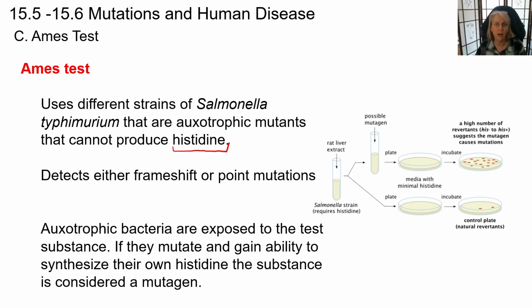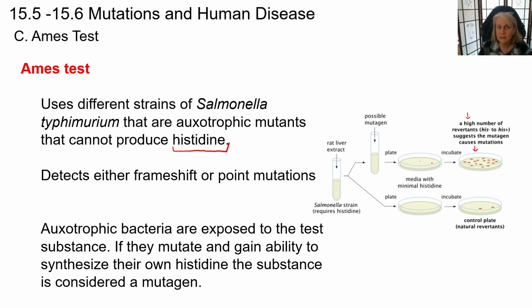So they revert back to their original ancient form. I want to put a little bit of histidine on this plate because I want to give several generations the potential to mutate. They are exposed to a chemical that I think might be a mutagen, so I'm encouraging them to mutate if possible. If they mutate, now I can say that this chemical is actually a mutagen.